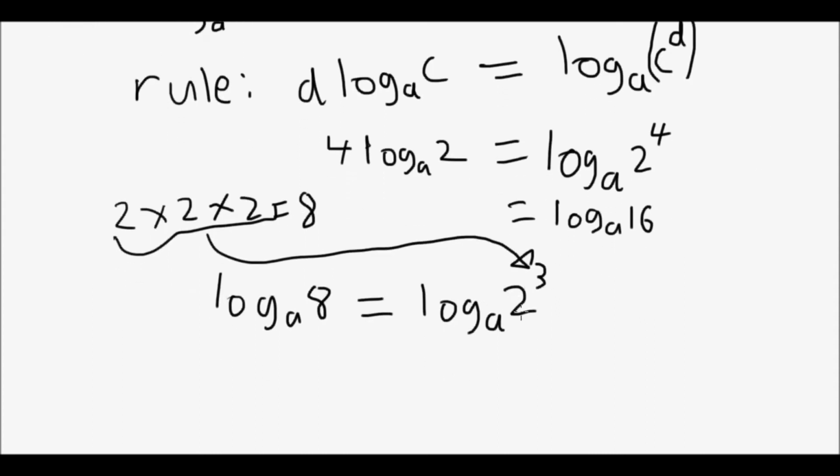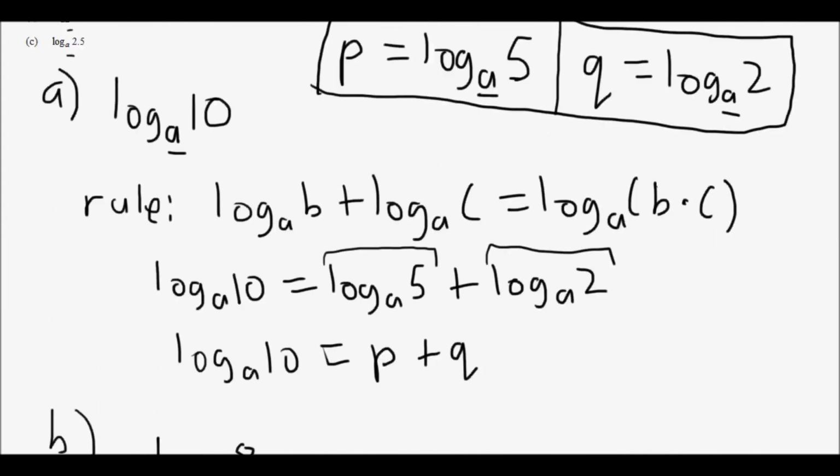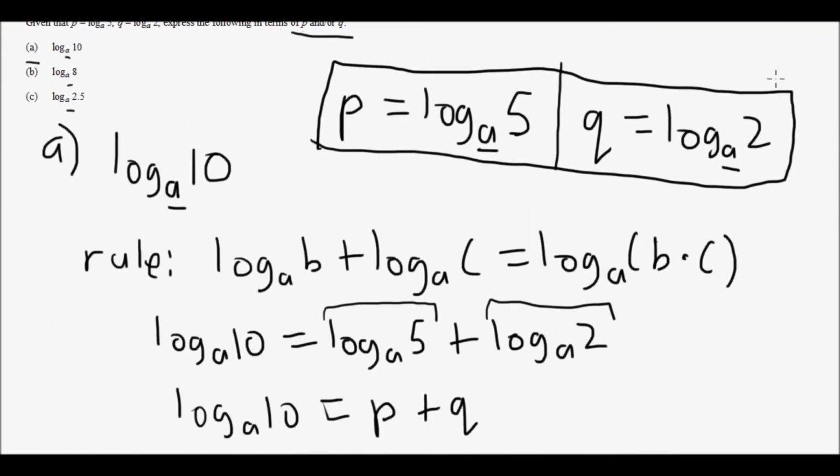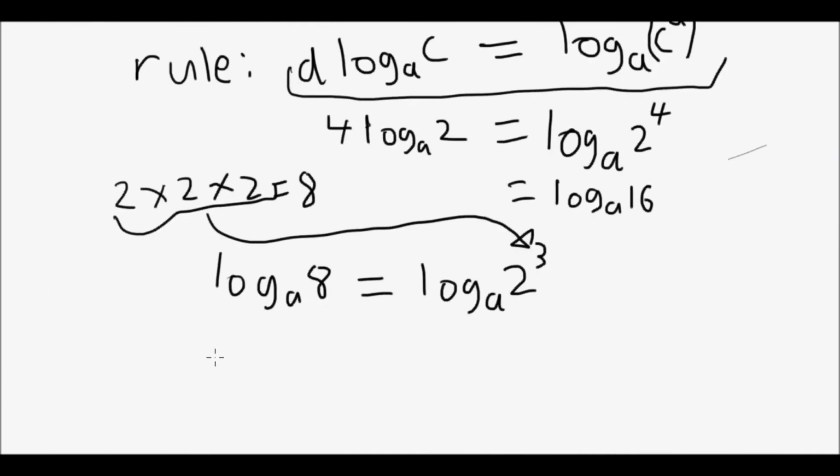Now, using this rule that we just learned, we're going to move the exponent to a coefficient. This is because at the current state of the equation, we cannot substitute in P or Q, because the answer is looking for the expression in terms of the variable. So let's go ahead and do that.